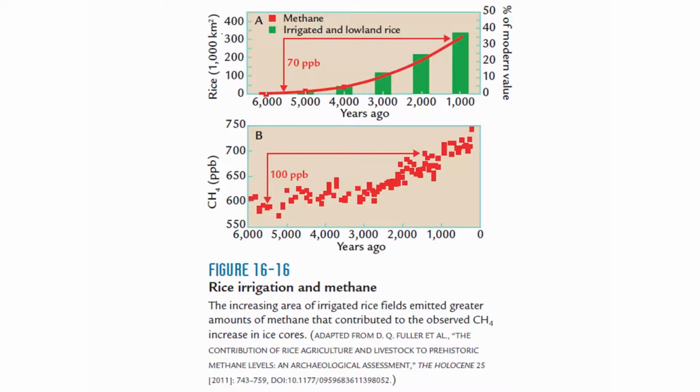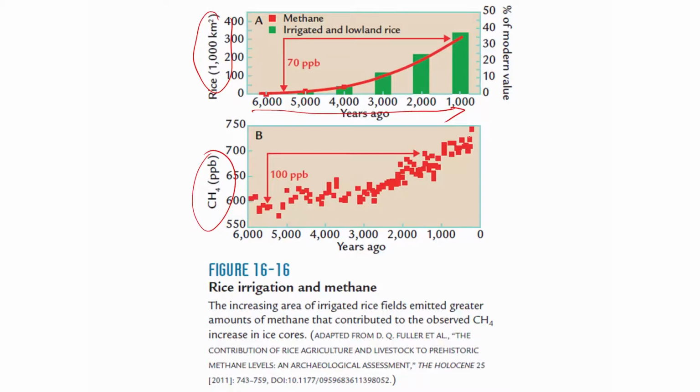So the rice expansion corresponds to the increase in methane going from the beginning of the agricultural era to the present, a fairly steady increase, and you can see that this is the expansion of rice cultivating area, and this is the corresponding increase in methane.